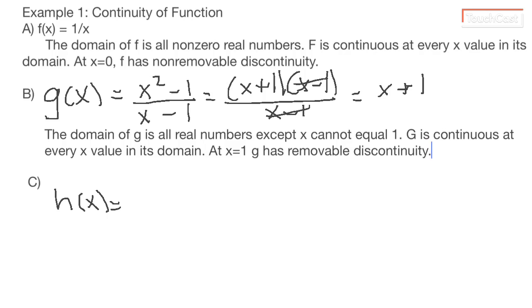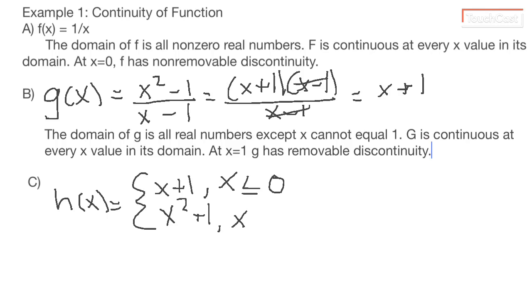And this is going to be a piecewise function. So we're going to have x plus 1, and that will work for all values of x that are less than or equal to 0. And then we have x squared plus 1, where that works when all x values are greater than 0.